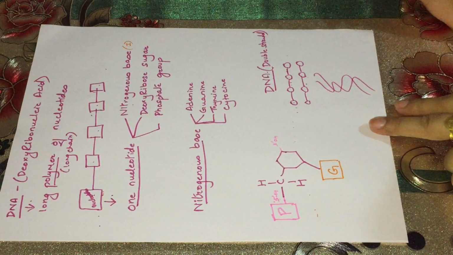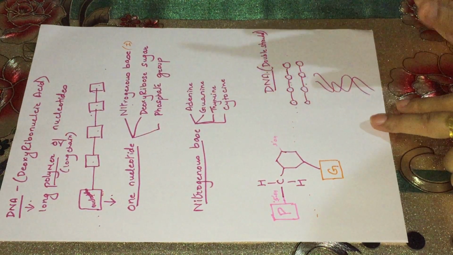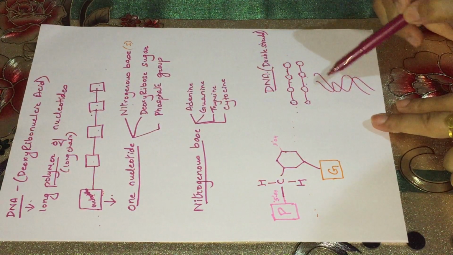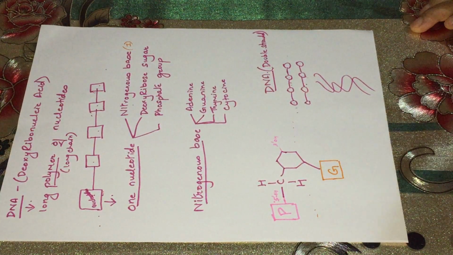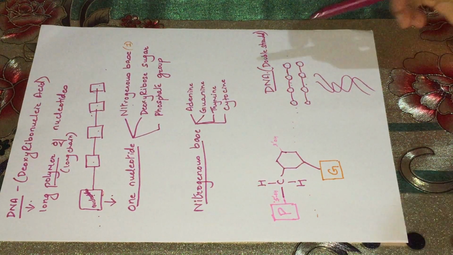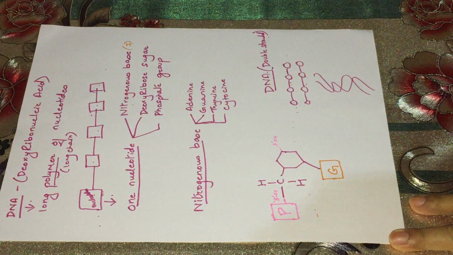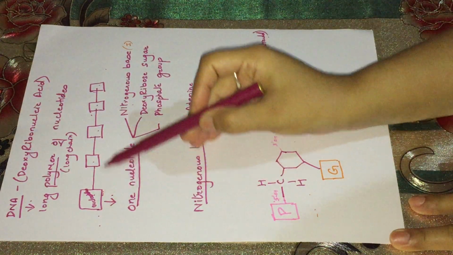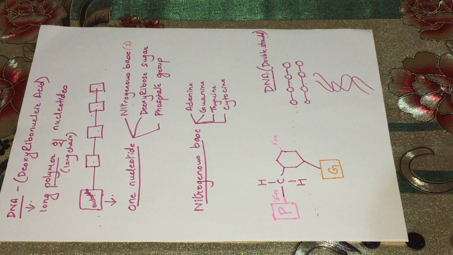They are parallel, but they are helically coiled. That means DNA is double stranded. That means it is made up of two polynucleotide chains, not only a single polynucleotide chain. So this is just the introduction.